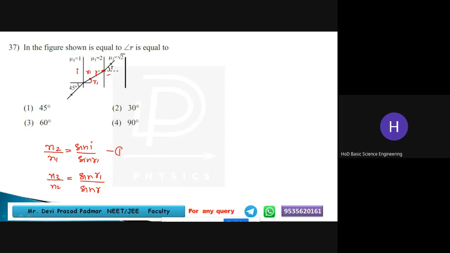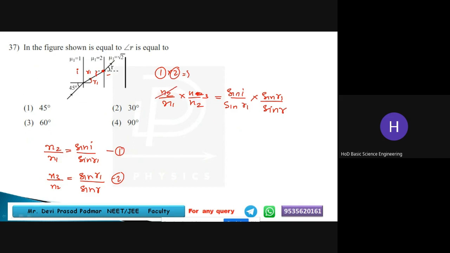Now just multiply these two. That is n2 by n1 into n3 by n2, equal to sine i by sine r1 into sine r1 divided by sine r.